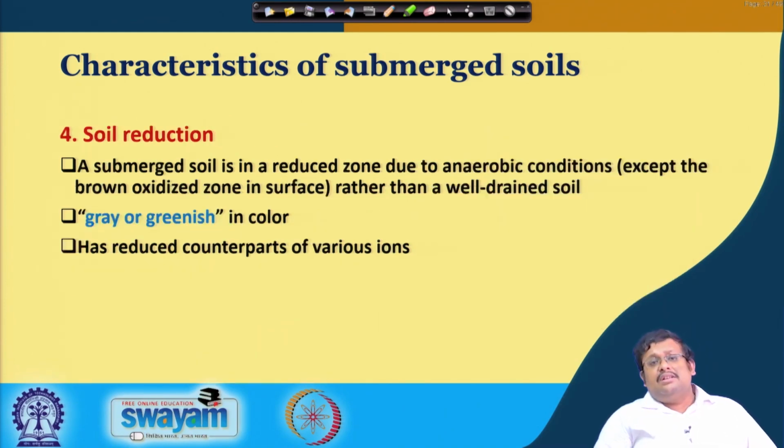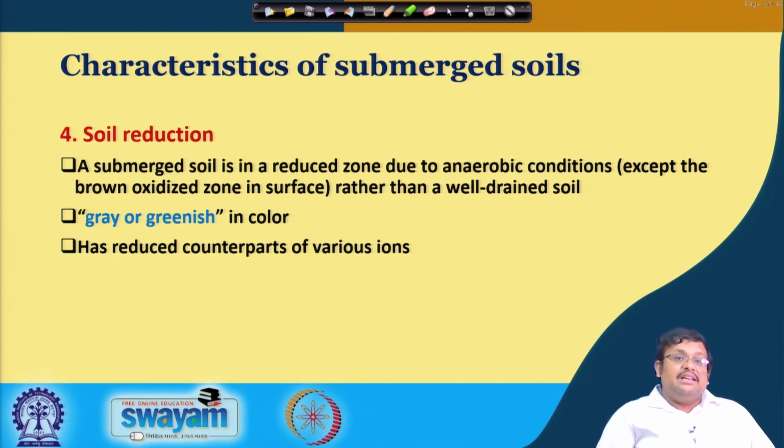The fourth characteristic of submerged soil is soil reduction. A submerged soil is in a reduced zone due to anaerobic condition, except for the brown oxidized zone on the surface, unlike a well-drained soil.